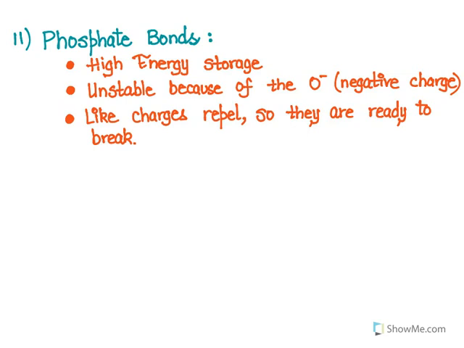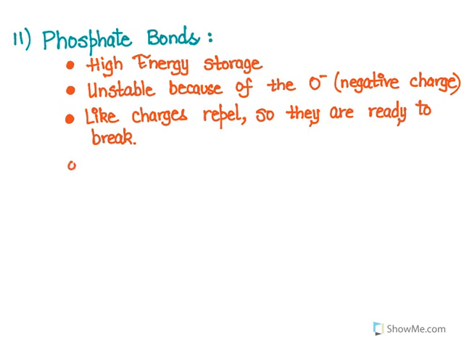The reason is that the oxygen in the phosphate bonds is negatively charged. Like charges repel each other, opposite charges attract each other. So the like charges are repelling and they are ready to break. They just want that one phosphate to go away from them.